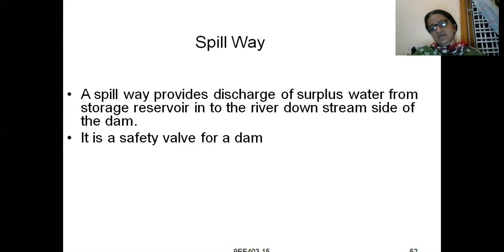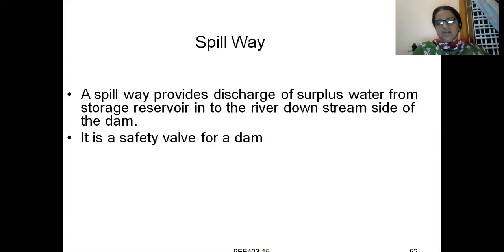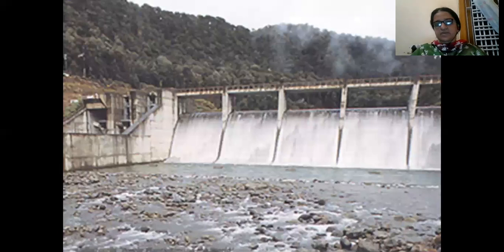Okay, this is one of the reasons why spillways are there in a dam. It is a safety valve for a dam. Safety valve means it protects the dam from any damage or collapse. Right. The next is coming to the next part.